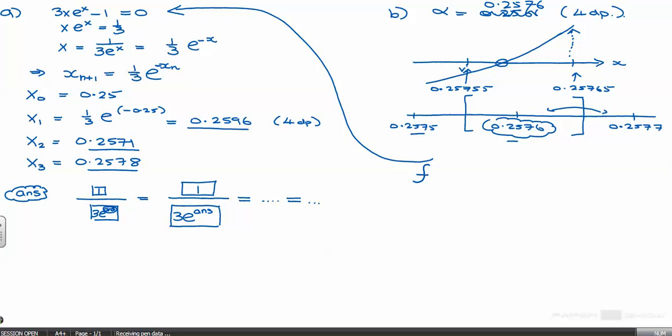So we're going to do f of 0.25765, and that would be equal to 3 times 0.25765 e to the power 0.25765, and then minus 1. That's just gone off my page, and in my calculator I find that I get 1.09 times 10 to the minus 4, which is greater than 0.